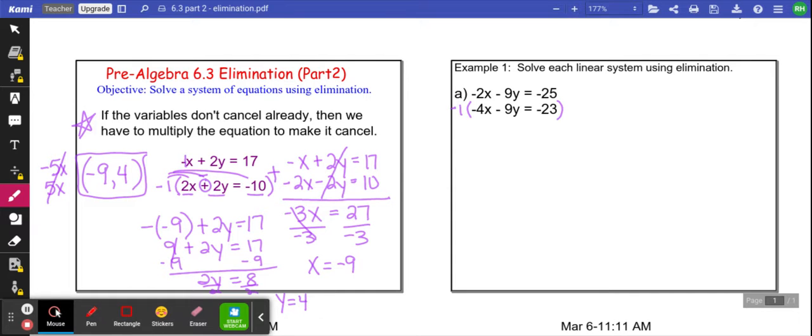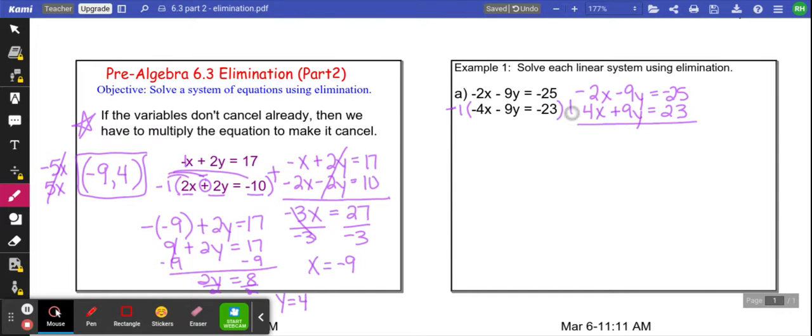It doesn't matter. I just usually do the bottom one. That's just how I roll. Okay. So the top row is going to stay exactly the same. Negative 2x minus 9y equals negative 25. The bottom row is going to become its opposite. So 4x plus 9y equals positive 23.